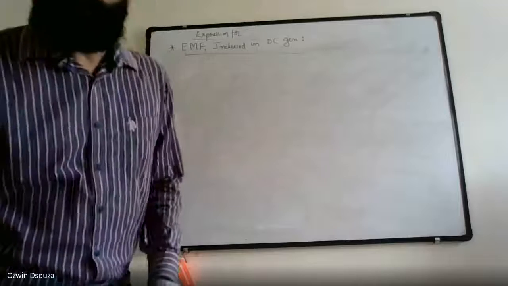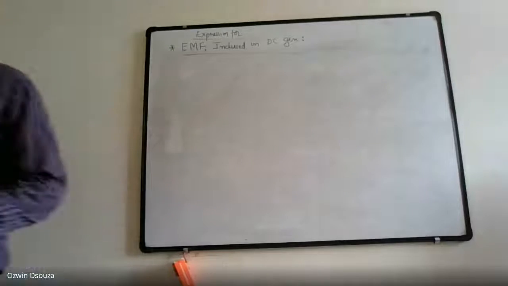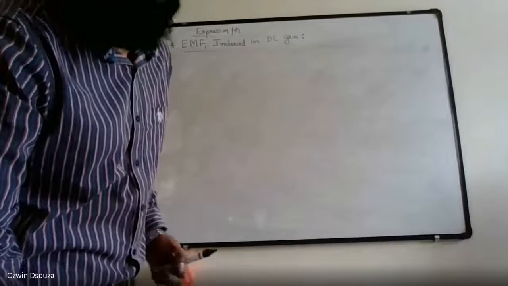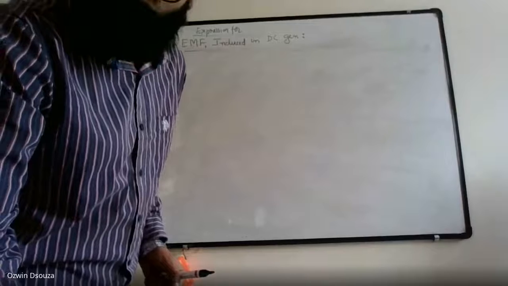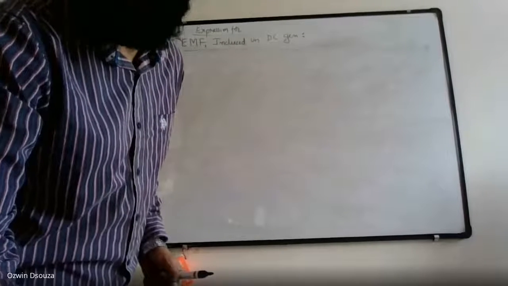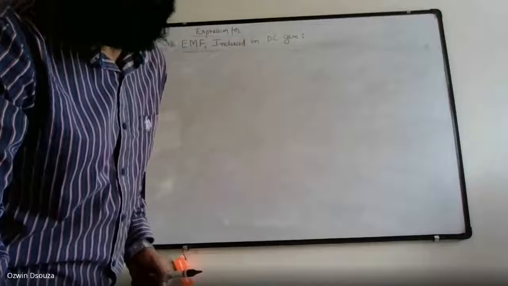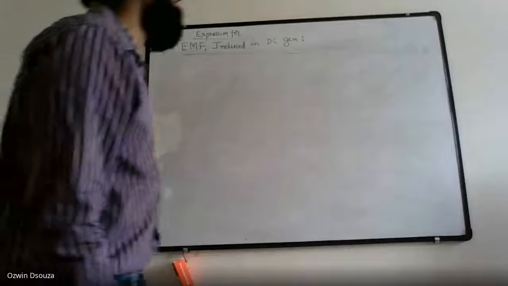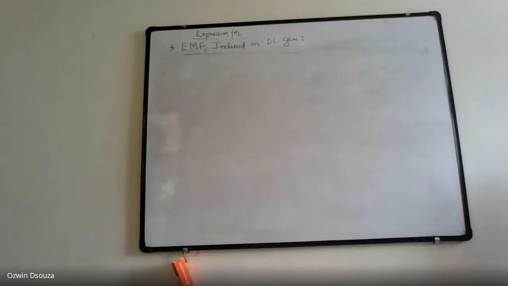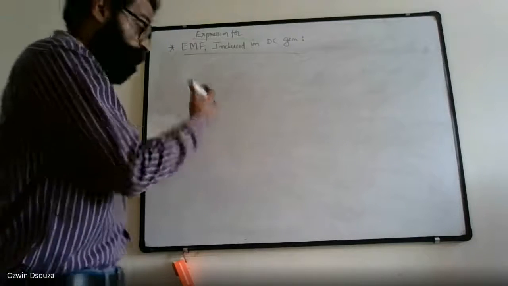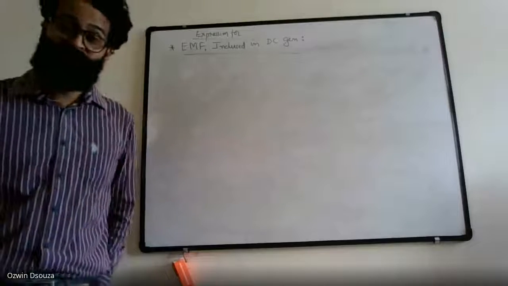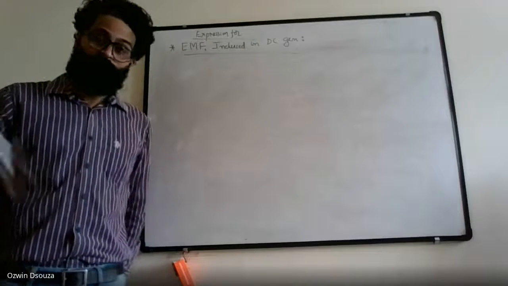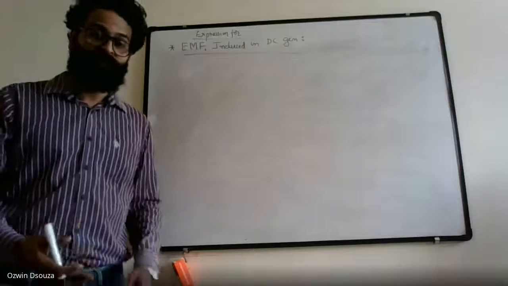Okay, class strength is very poor. It is just 16, which is very disappointing. I don't know what you are thinking of yourself. You are in the electrical engineering branch and you don't want to attend the electrical engineering class. Very unacceptable situation. If you don't understand DC generators, what will you understand in a higher semester? You have chosen this branch because you want to be an electrical engineer, right?